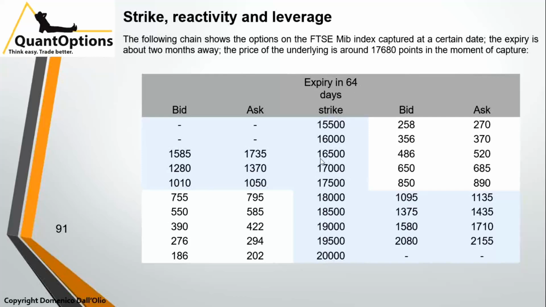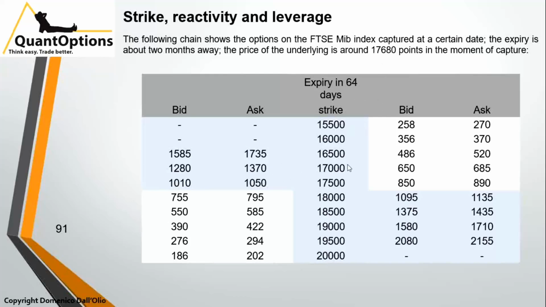So who purchased the call 17,000 expecting that the index would have crossed 17,000 was right, because it's 17,680, but they are still losing money because they paid 1,370, something that now is valued only 680.